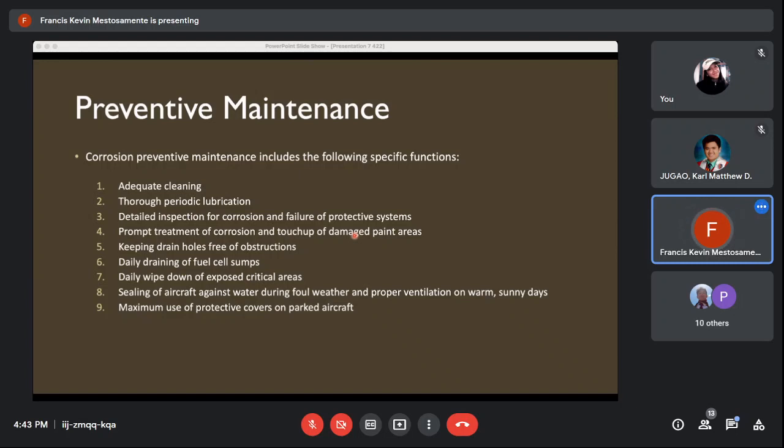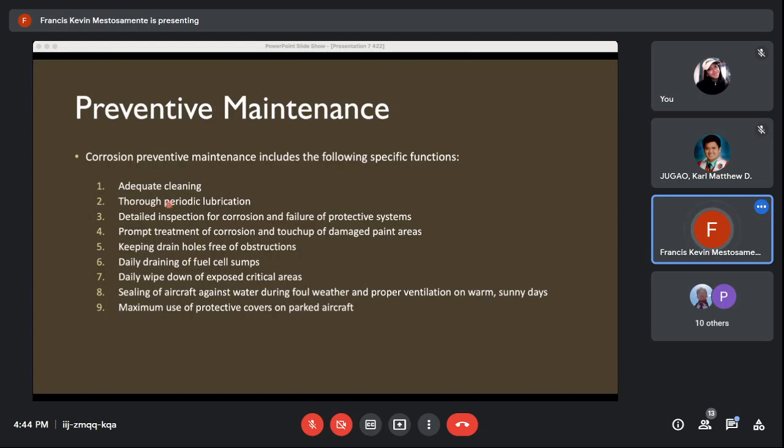Preventive maintenance consists on the preservation, upkeep, and the simple replacement of small parts. So, hindi na natin naantayin na masira ang isang system or masira ang isang component or part. Or hindi na natin naantayin na magkaroon tayo ng mga accident or incident. So, we provide preventive maintenance also para hindi na natin antayin na magkaroon tayo ng corrosion.